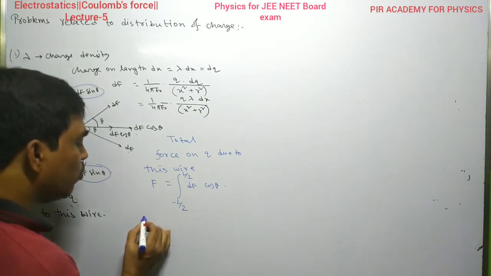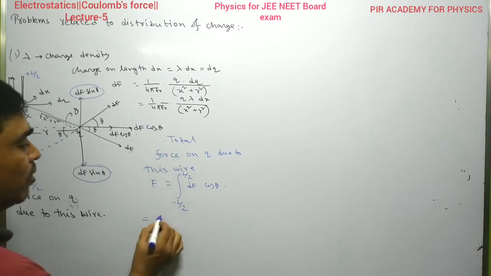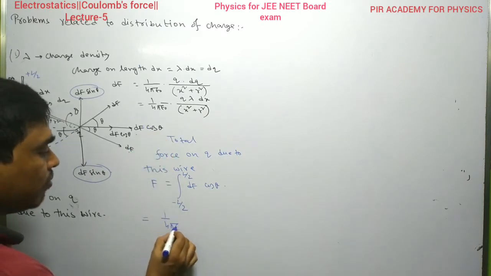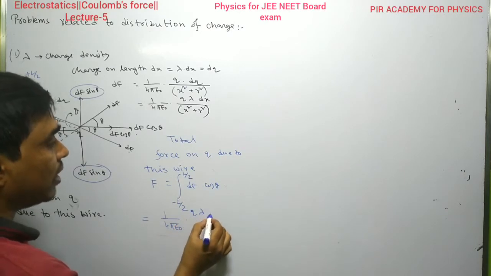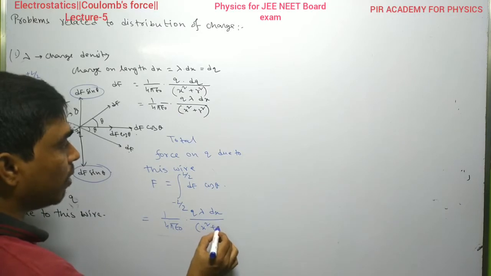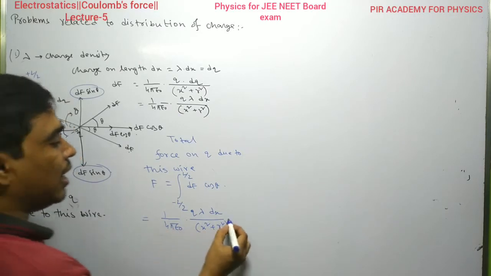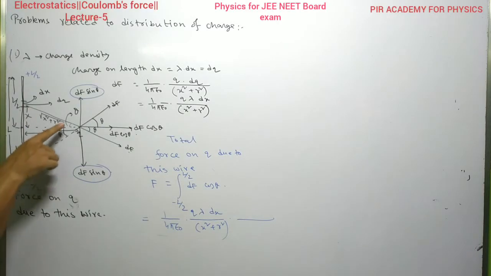If I put the values, then it will be 1 by 4 pi epsilon naught, and here is q lambda dx divided by x square plus r square, and here is cos theta. What will be the value of cos theta? This is theta, this is theta.